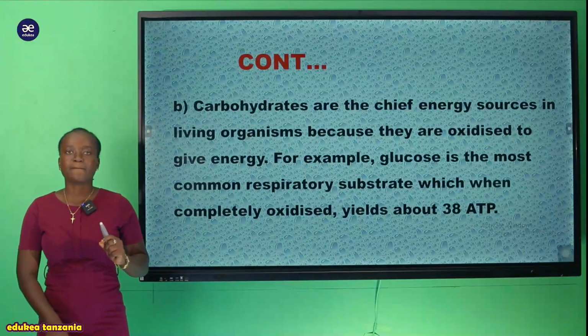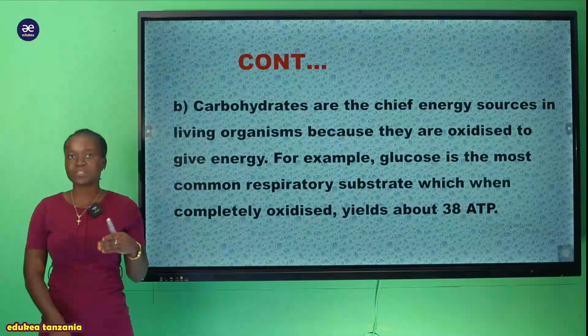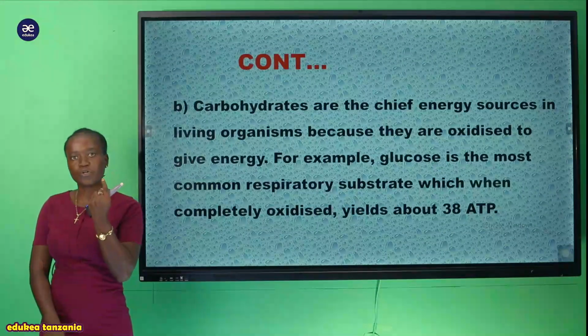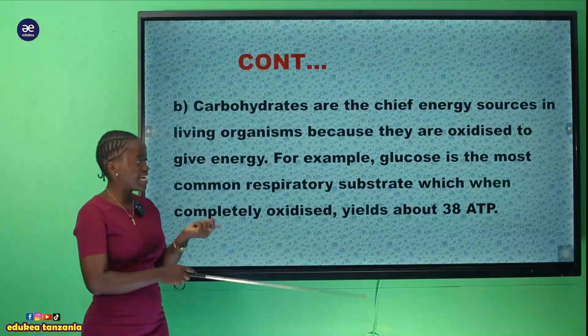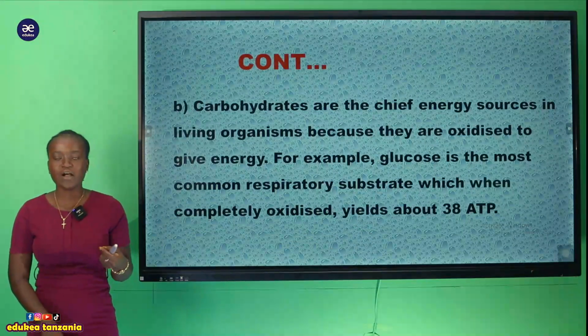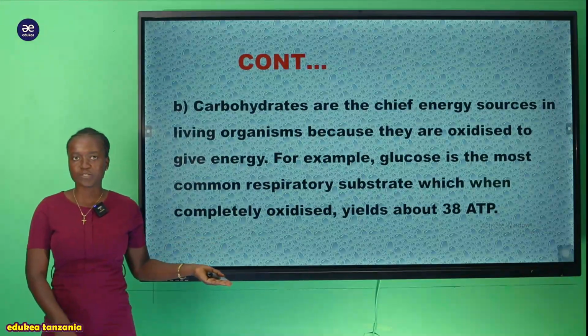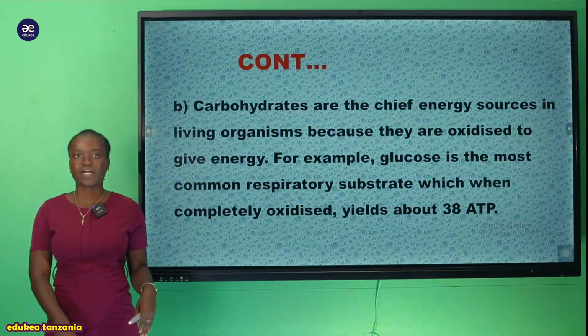Ni nyingi sana ili kutumika kwa living organism. Sasa imagine if one glucose creates 38 ATP. So how about huyo mtu akawa na a lot of ATP? How many ATP atatengeneza within the living organism?